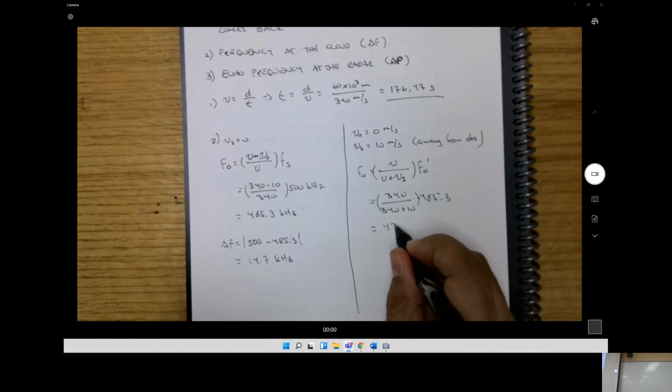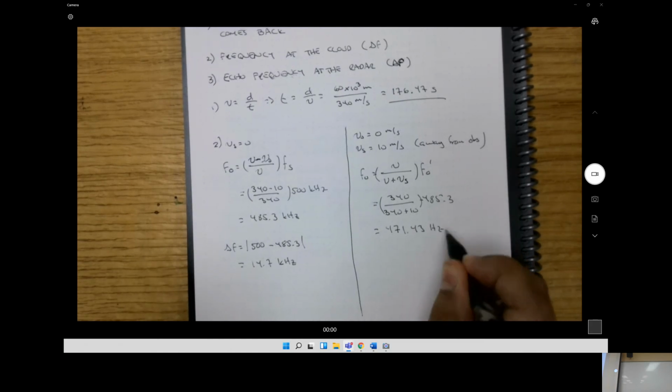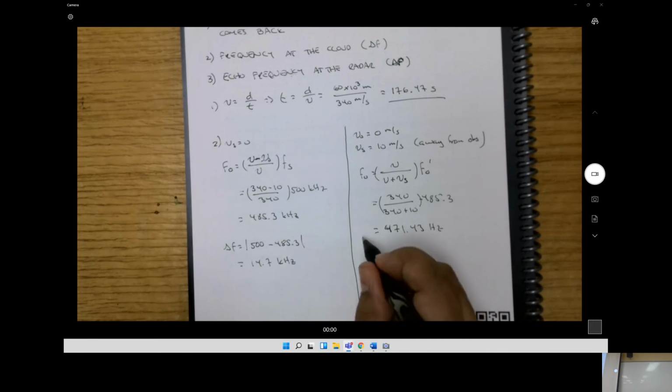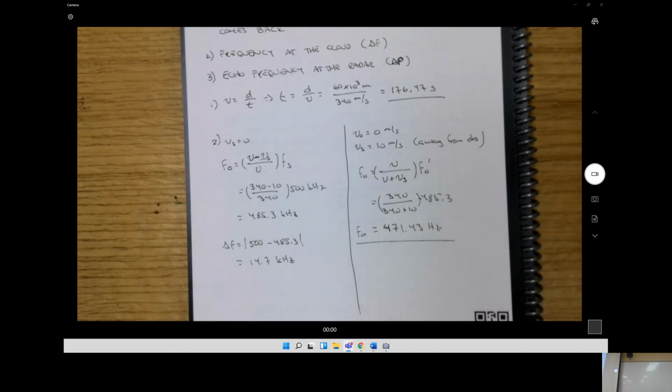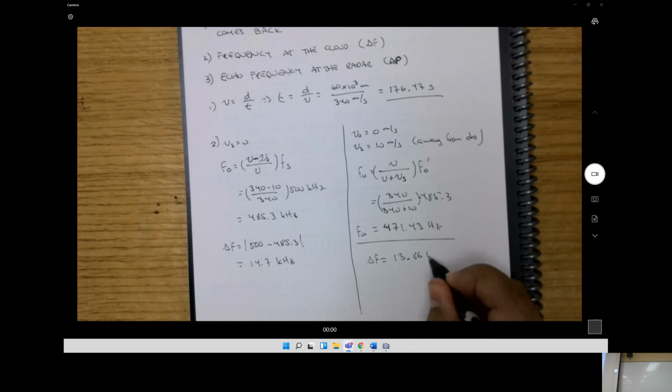And I get 471.43 hertz. Everybody got that? And if I want to calculate delta F, I will get 13.86 hertz.